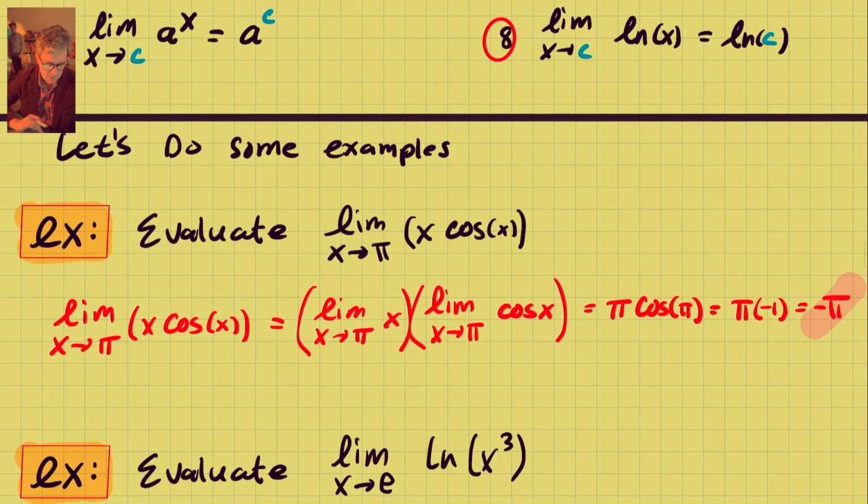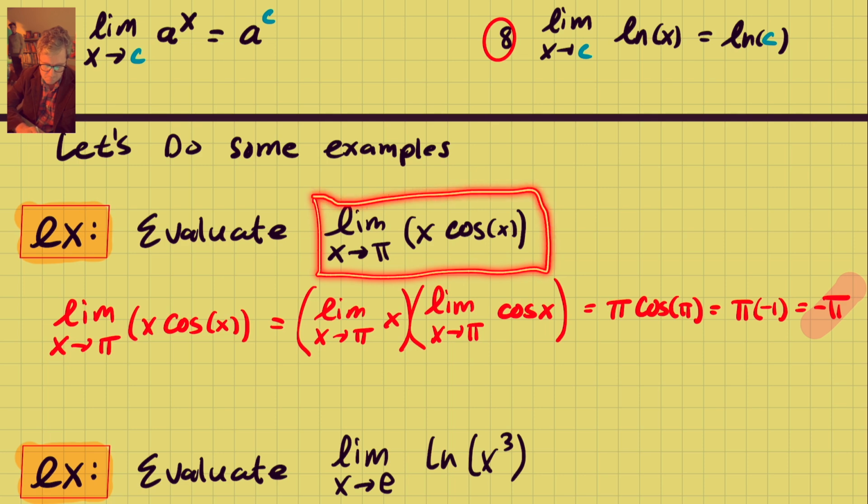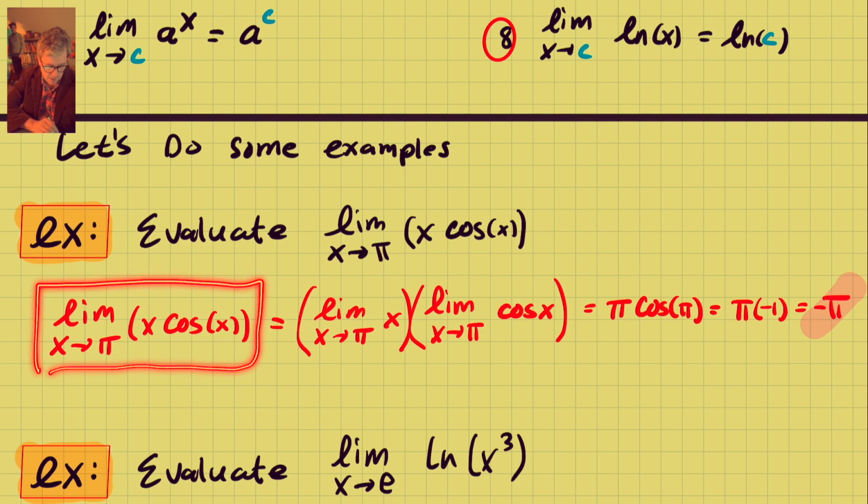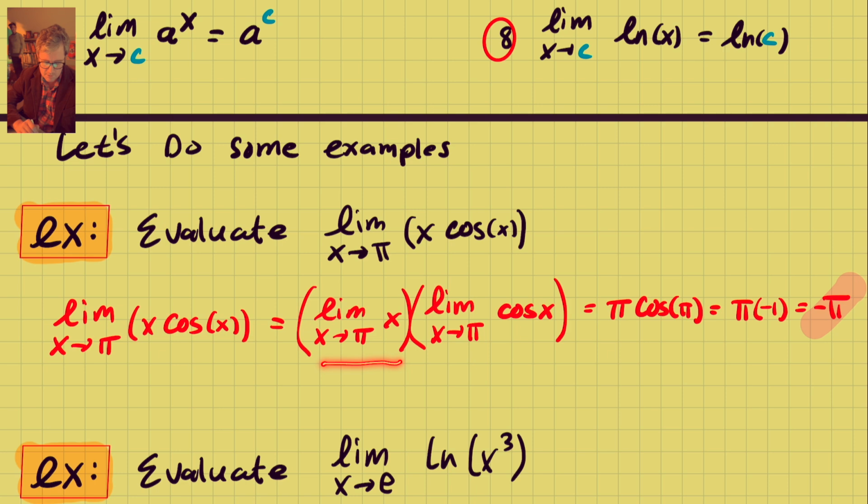The first example says, let's evaluate the limit as x approaches pi of x times the cosine of x. Here's a case where we can take two functions and split them apart: you've got the x and you've got the cosine of x. So the limit as x approaches pi of x times cosine of x is just equal to the limit as x approaches pi of x times the limit as x approaches pi of cosine of x.